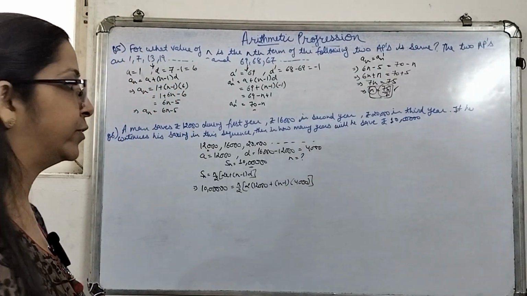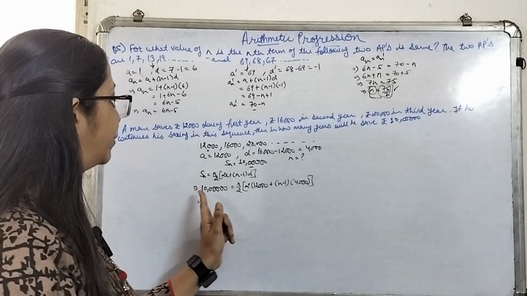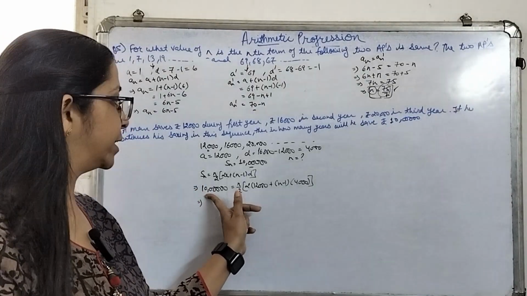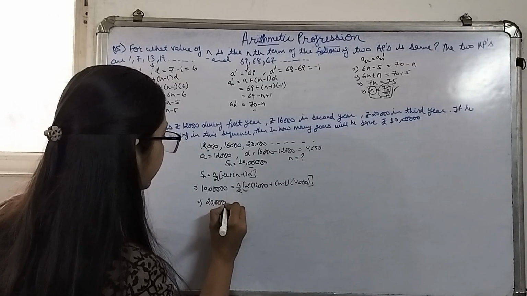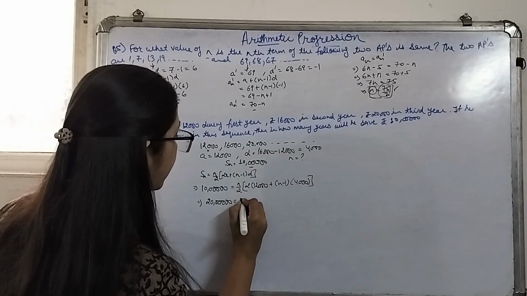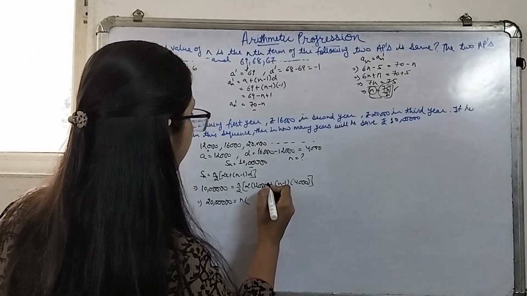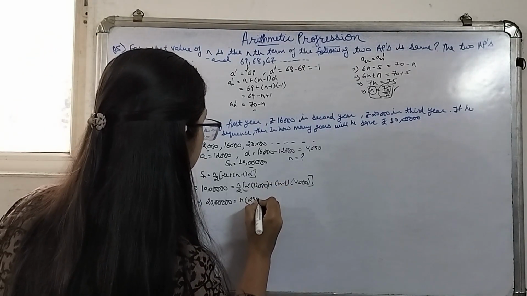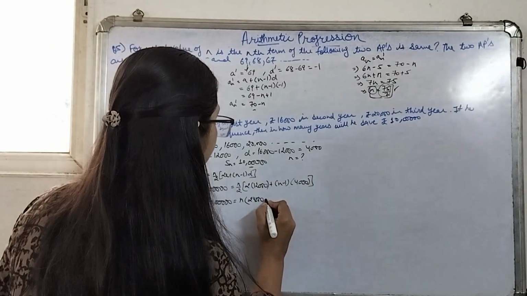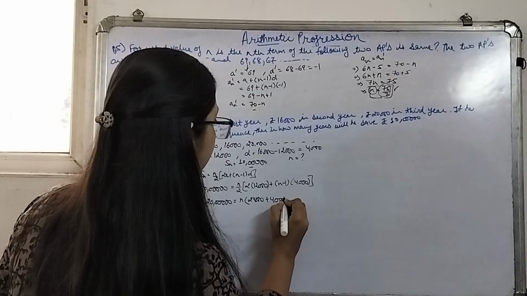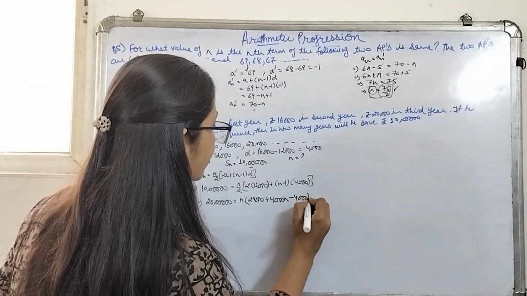Now we will solve it further. The 2 in division can be taken to the other side in multiplication, so this will become 20 lakh. It is equivalent to n multiplied by 2 multiplied by 12,000, which is 24,000, plus 4,000 multiplied by n, which is 4,000 n, and minus 1 multiplied by 4,000, which is minus 4,000.